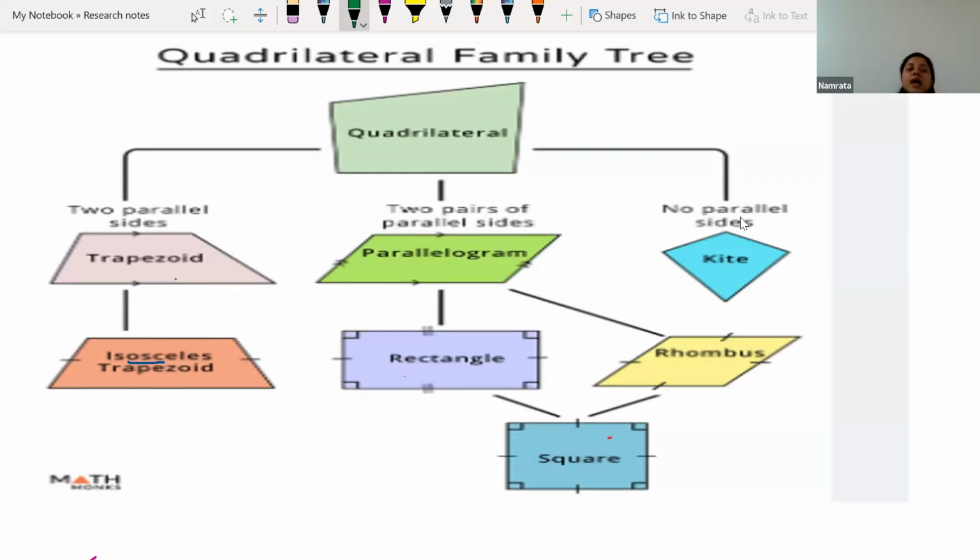Apart from that, each member must have their own particular quality, but the quality of quadrilateral will be followed by every member of this family tree. So the first property of the quadrilateral, as the name says, it's a polygon having four sides.